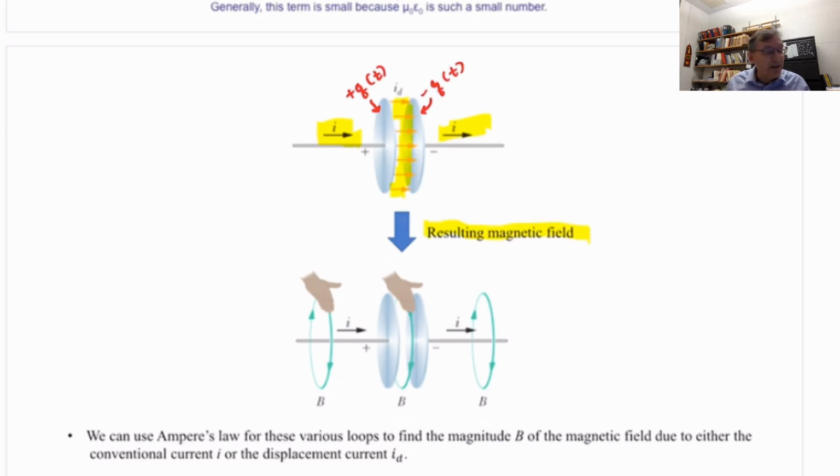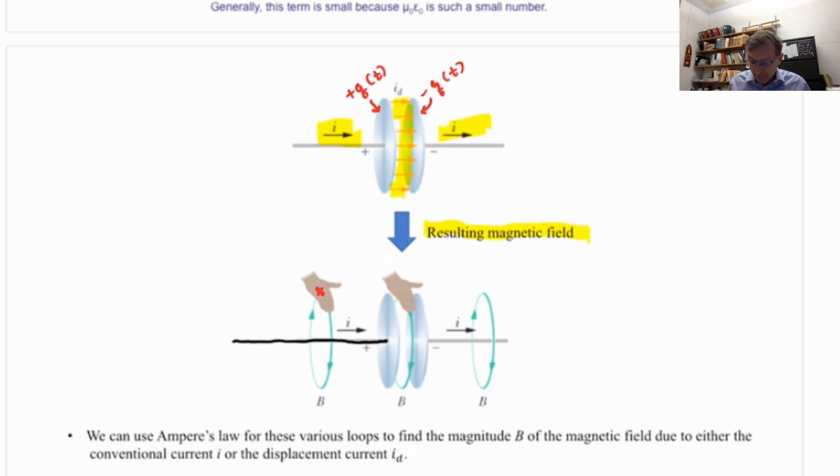We're going to look at that in three places now. First, at a point to the left of the capacitor, right about here. And I'm going to assume this point is pretty far to the left of the capacitor. So what I've really got then is just a long straight wire carrying conventional current to the right.